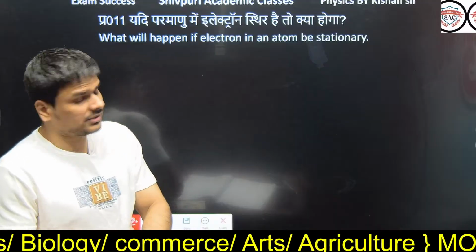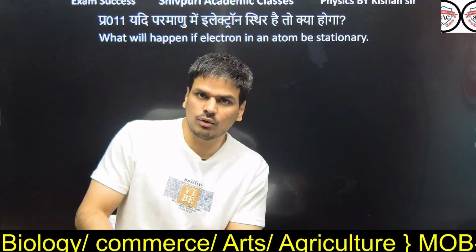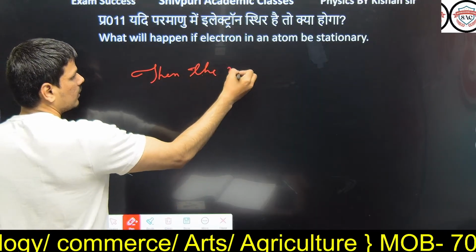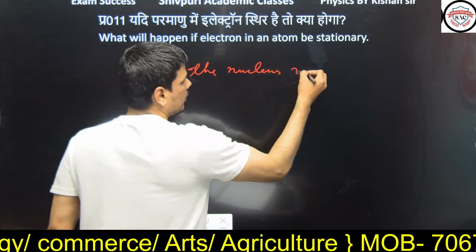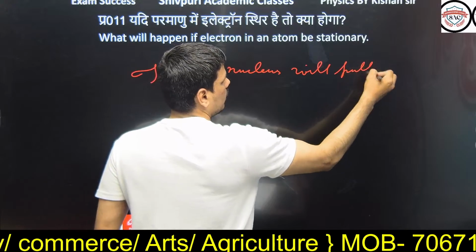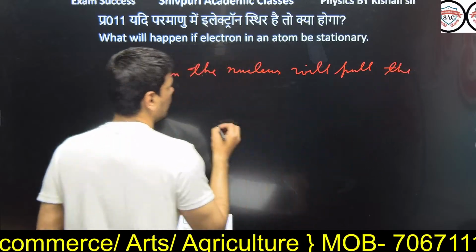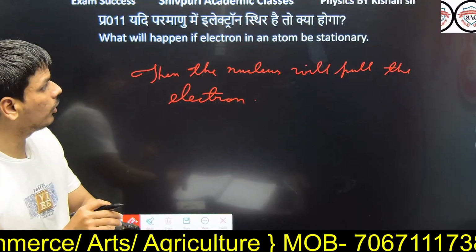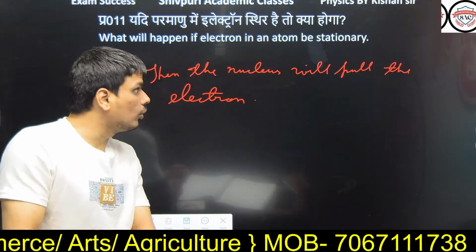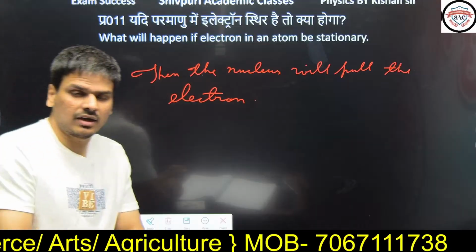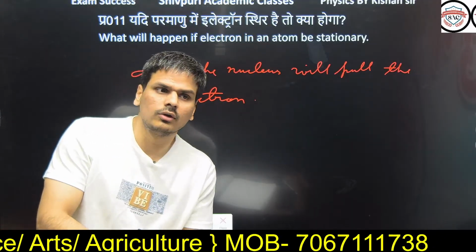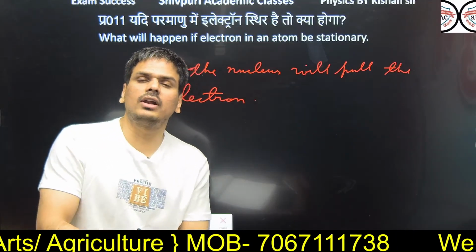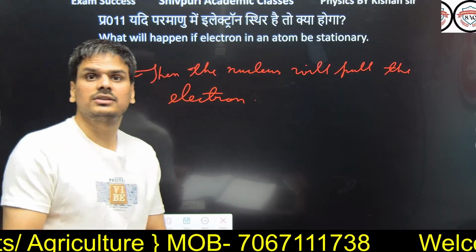But if it is stationary and not revolving around the nucleus, then the nucleus will pull the electron because of its positive charge. The nucleus is positively charged, the electron is negatively charged, and if it is not moving, then by Coulomb's law and the electrostatic force, the nucleus will attract the electron and the electron will fall into the nucleus if it is stationary.